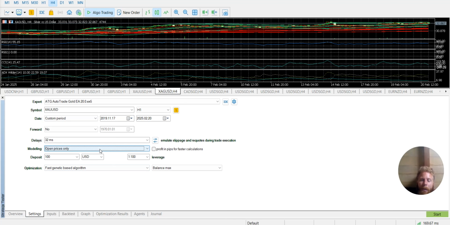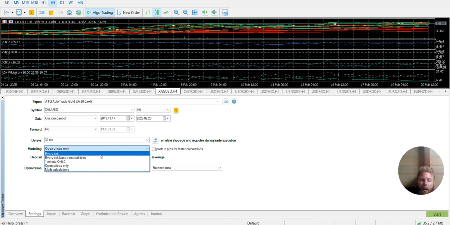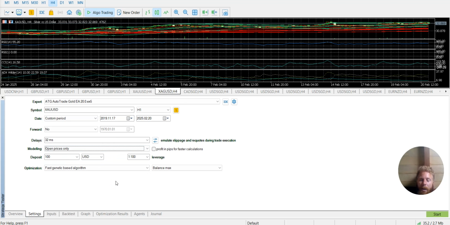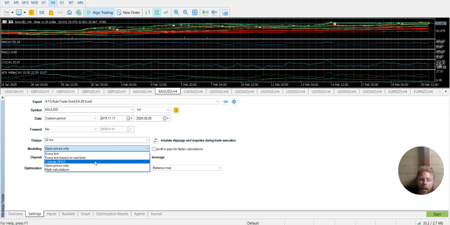and so I am not saying, of course, that you shouldn't test your EAs with the highest quality tick data suite data or MQL5 data with every tick based on real ticks. I am saying that for optimization, for fast testings, you should be able to use either the open prices only or the 1 minute.